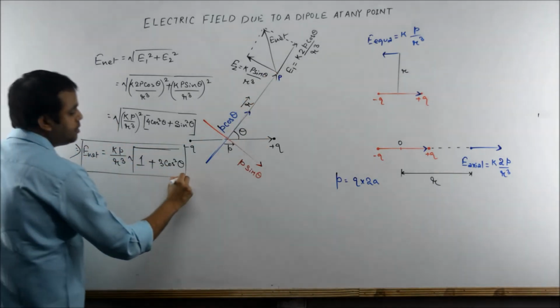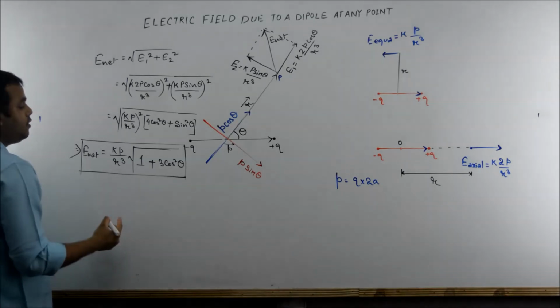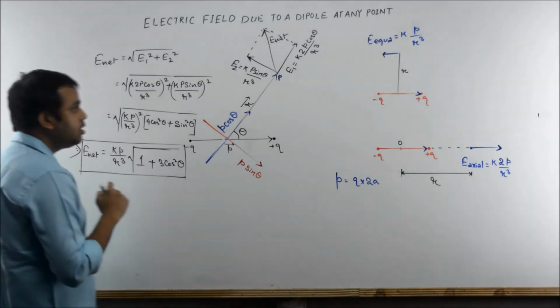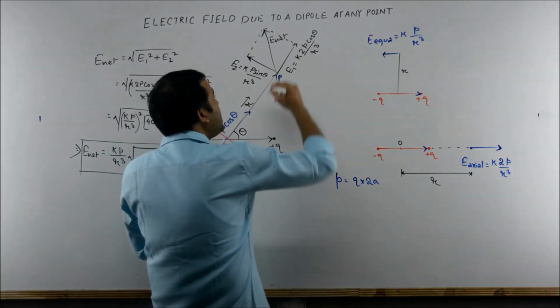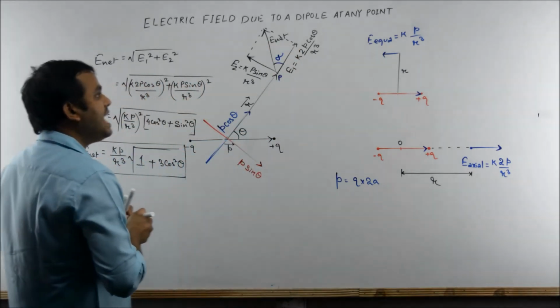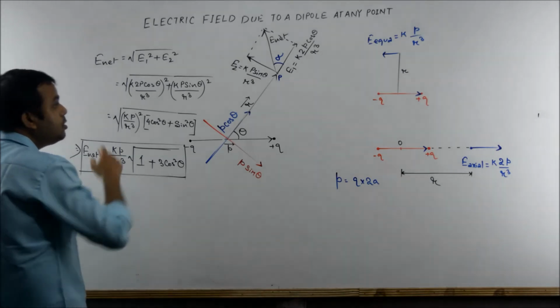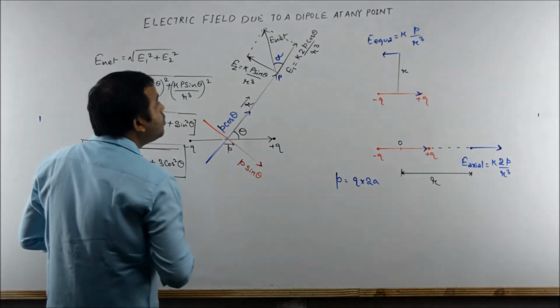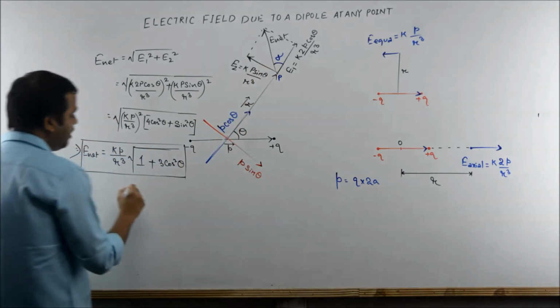Clear students? But we know that electric field is a vector quantity. It is not enough to find the magnitude. So let us consider that this angle is alpha. Along with the magnitude, we need to find the direction of the net electric field. So what will be tan alpha?